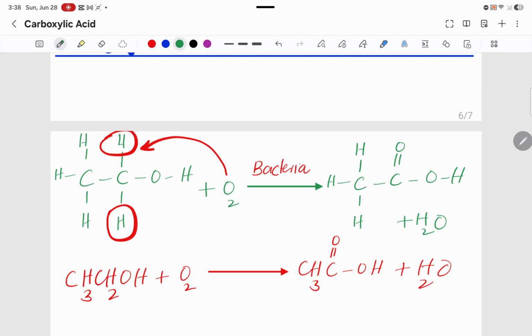So can you see the only thing that I changed is the removal of this H2 and the addition of this oxygen, and that's it.